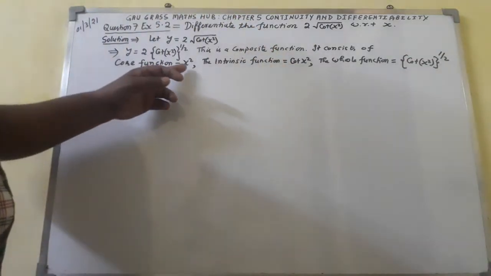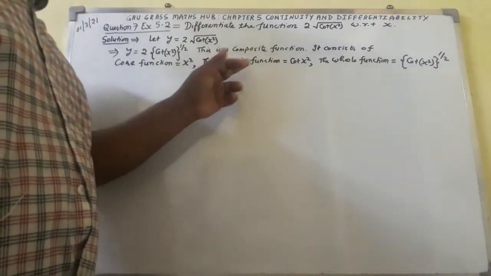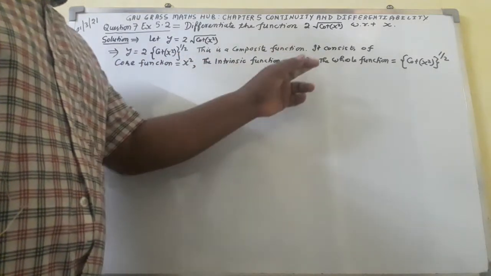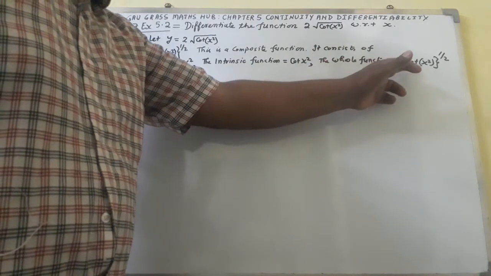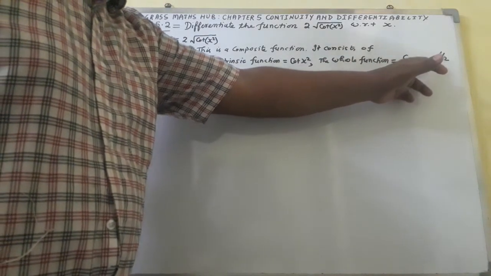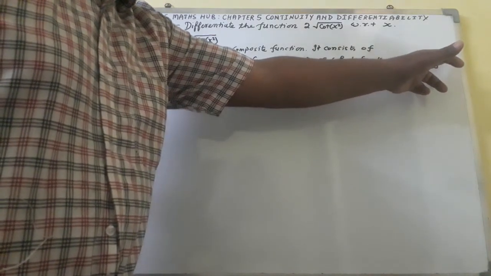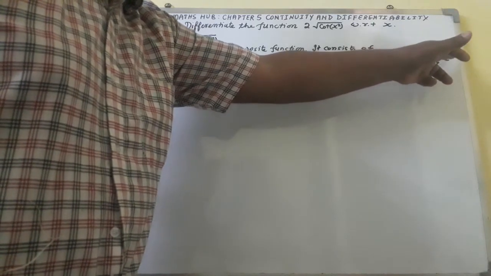Core function equal to x square, the intrinsic function equal to cot x square, the whole function equal to cot x square whole raised to the power 1/2.